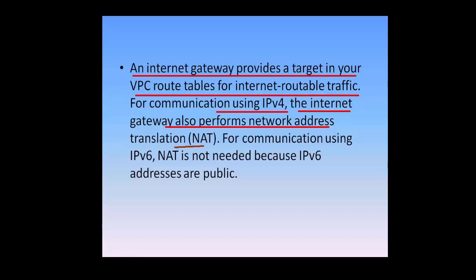It also works as a NAT, but IP version 6 does not require NAT. If you have good knowledge of IP version 6, then these are very basic points that we need not discuss here. Still, I am giving all the links in my description as well as in the cards. So please go through that. Everything will be clear to you.